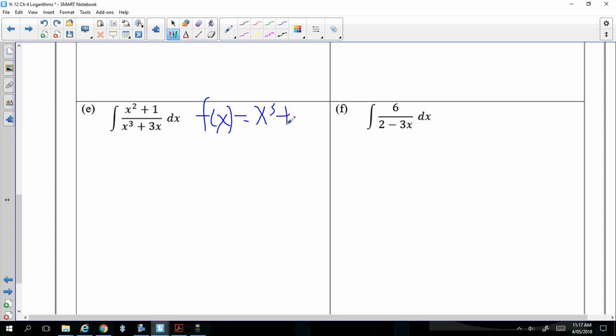Now if I differentiate it, that's your f'(x), you get 3x squared plus 3, right?